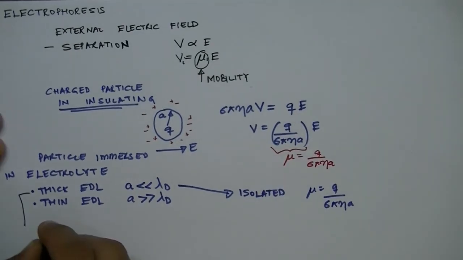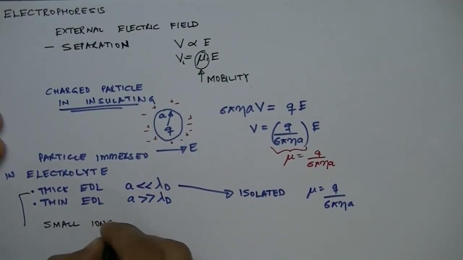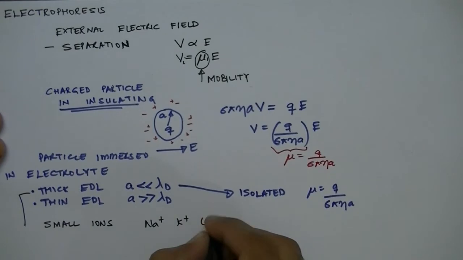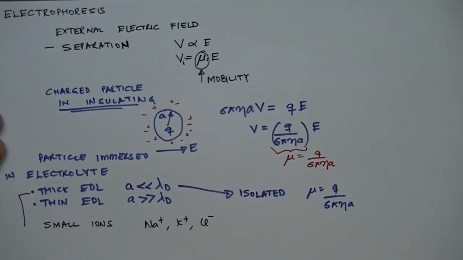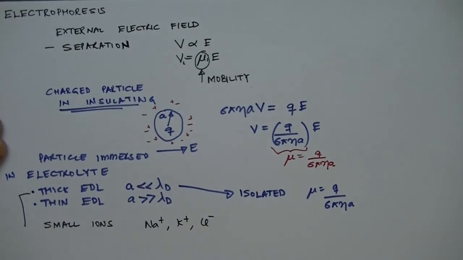Most of the small ions, such as sodium, potassium, chloride ions, have really small size compared with the EDL thickness at that particular concentration. So typical concentrations would be some millimolar.